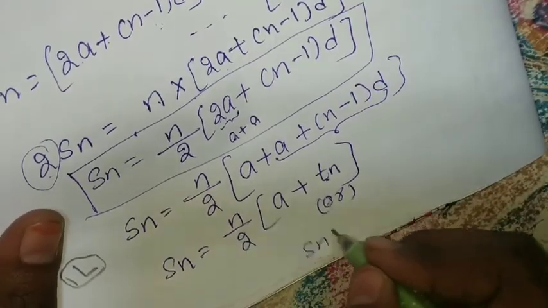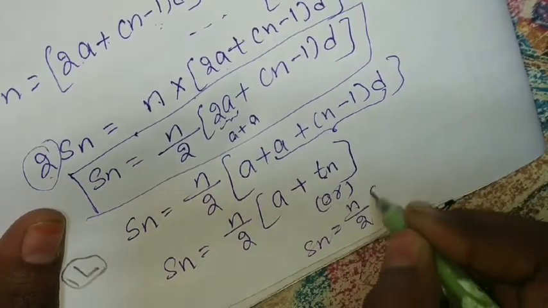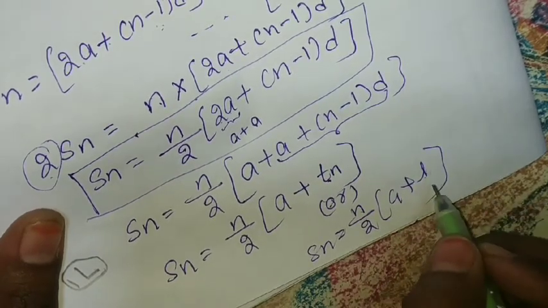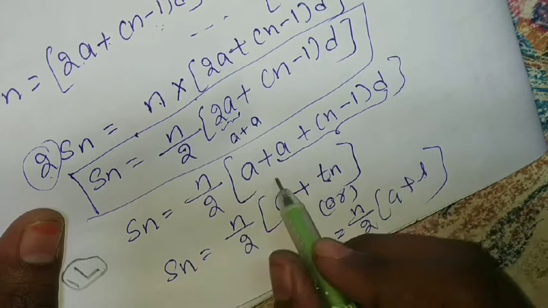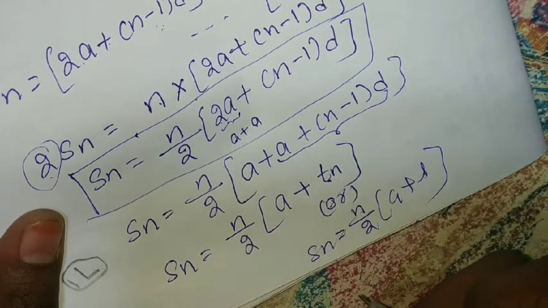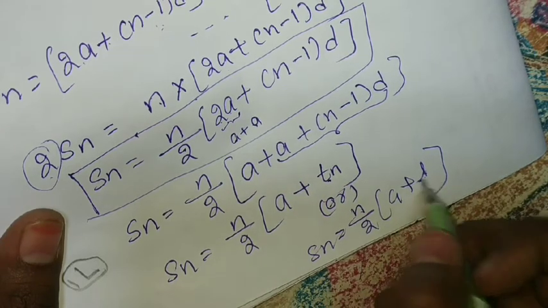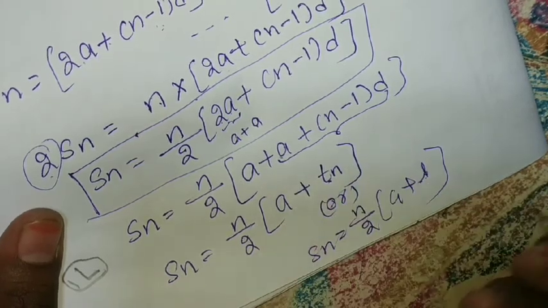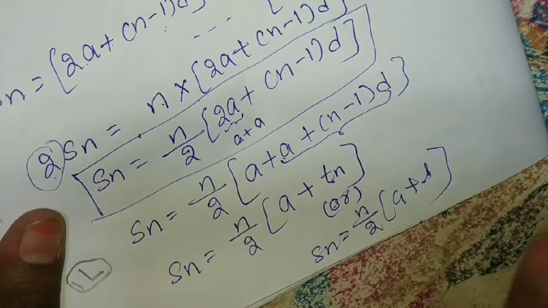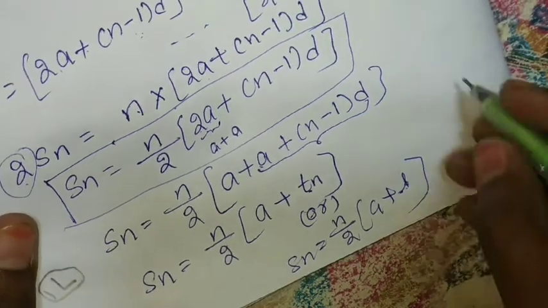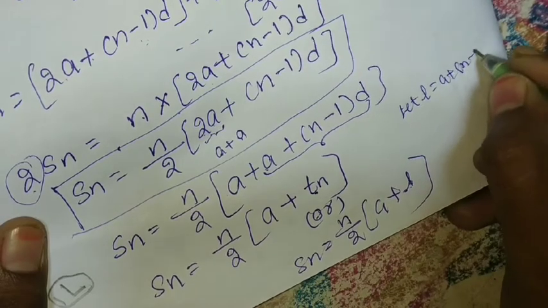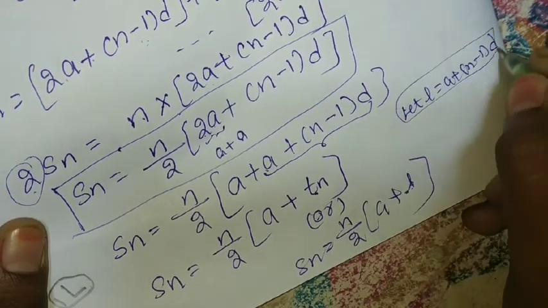Otherwise you can write Sn is equal to n by 2 into a plus l, because we are assuming that l is equal to a plus n minus 1 into d. Are you getting? You can write your own name also, because it will be a plus n minus 1 into d. As it is, anytime you can write, no problem for that. Okay. And before that, let l be equal to a plus n minus 1 into d. You have to write like this.